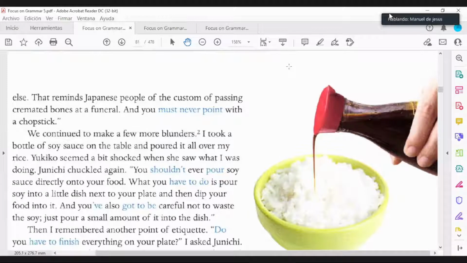That reminds Spanish people of the custom of passing cremated remains at the funeral. What's next? Okay, thank you. Continue.